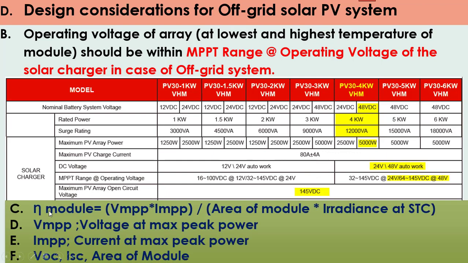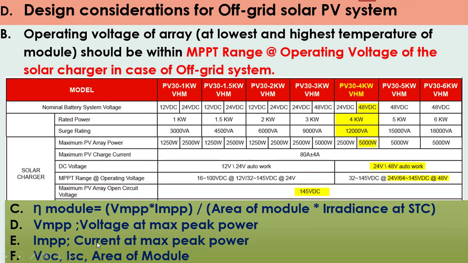Now, other criteria must be taken into consideration: the efficiency of the modules, which is the voltage at maximum power point multiplied by the maximum power point current, divided by the area of the module and multiplied by the irradiance at standard test condition.